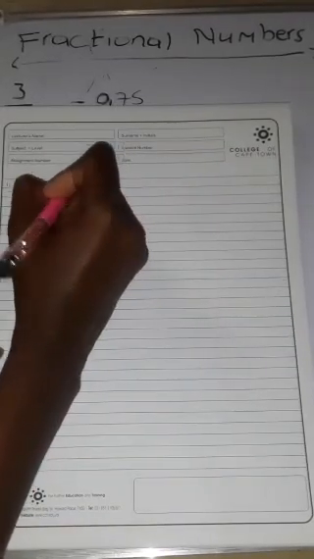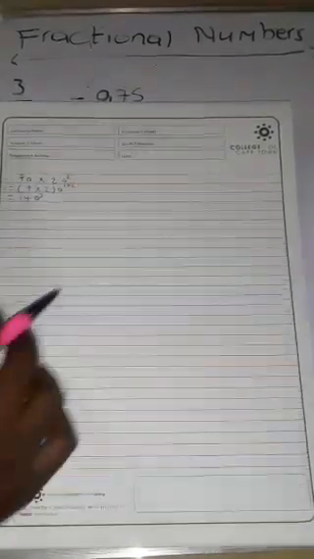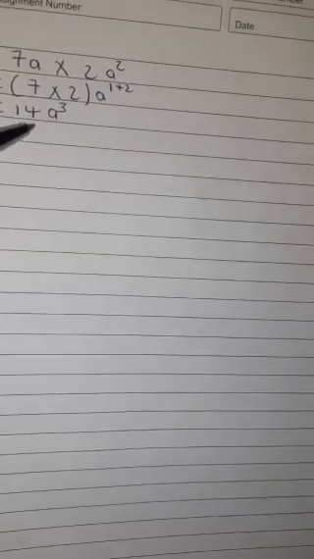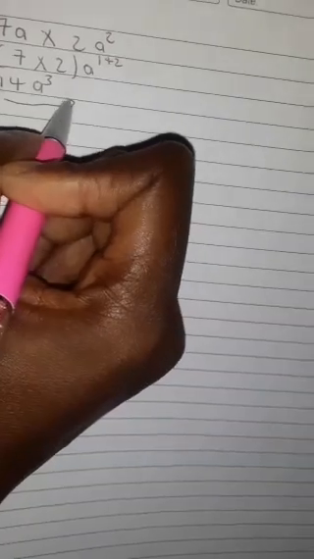Then we say 1 plus 2. Then it gives us 3. Okay, so we're done with our first. So the final answer is 14a to the power of 3, right? The 3 comes from the 1 plus 2, the 1a and a2, and 14 is 7 times 2. Then it gives you the final answer, right? I'll just put an arrow so you can see it is the final answer.